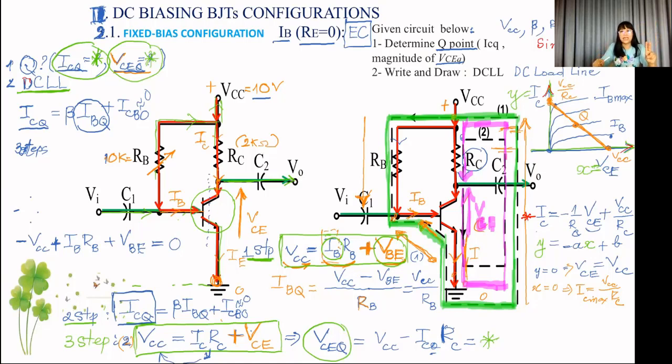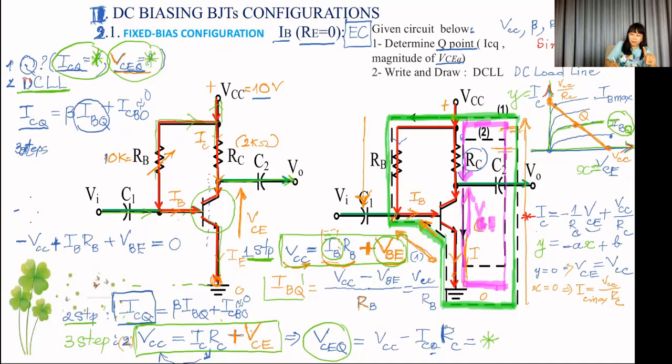The first line, this is the DCLL, and the second line, this is the volt ampere output characteristic. And in this, we have the base current from the first step.